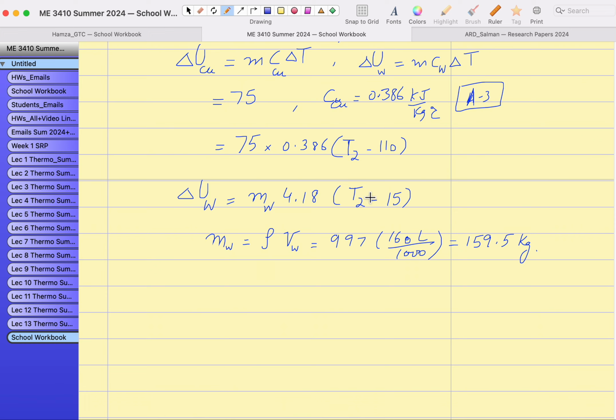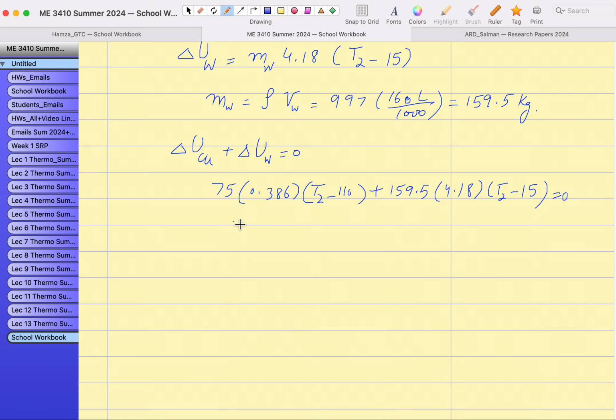So now we are in good shape. You can write delta U for copper plus delta U for water equals 0, which is 75 times 0.386 times (T2 minus 110) plus 159.5 times 4.18 times (T2 minus 15), equals 0.